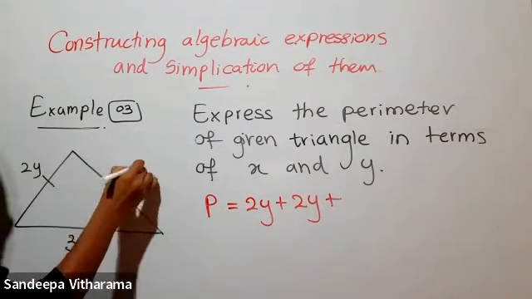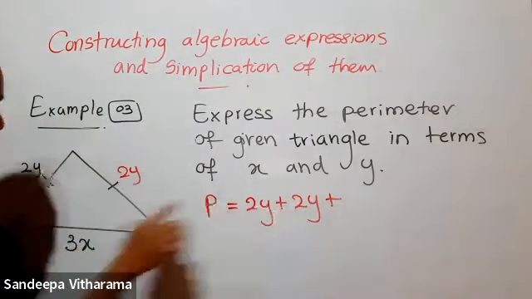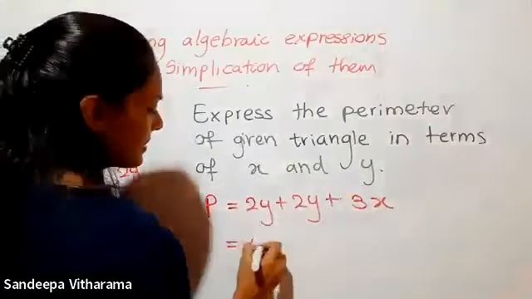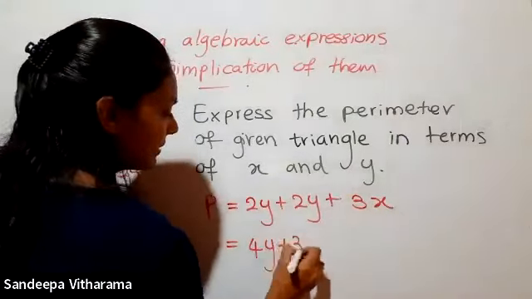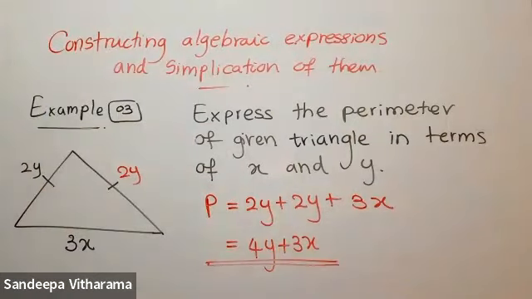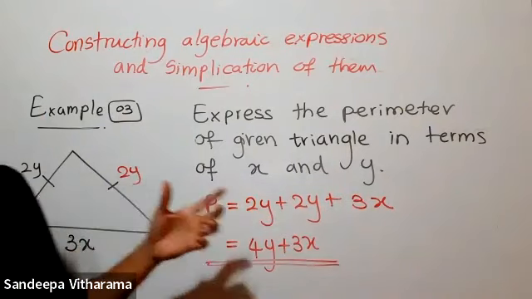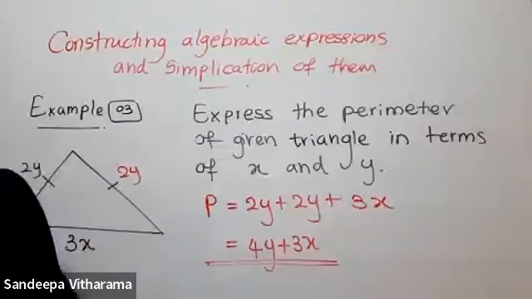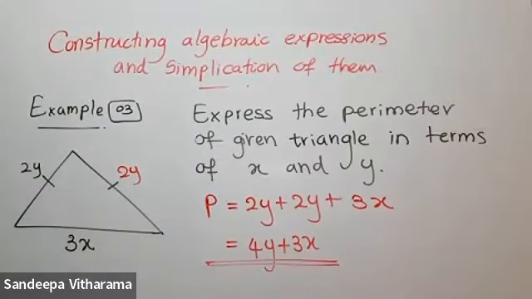Then this is also 2y, no? Then 2y add 2y add 3x. So the answer is 4y add 3x. This is the perimeter of the given triangle. If you are asked to express the perimeter of a given triangle using an algebraic expression, the same way you have to do this. Okay?